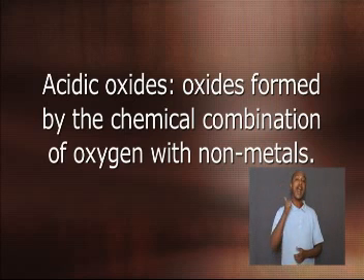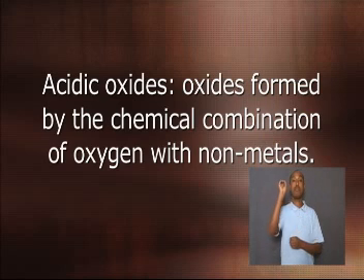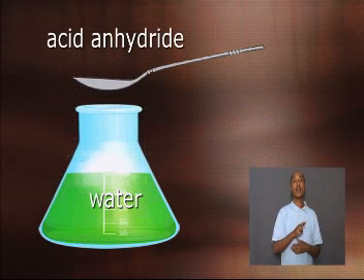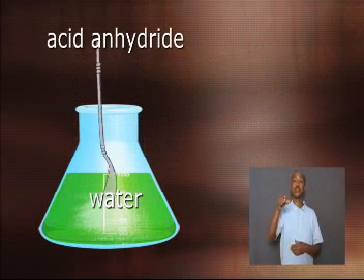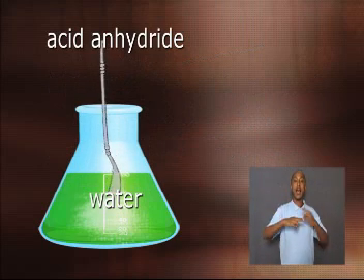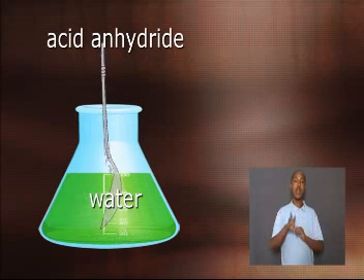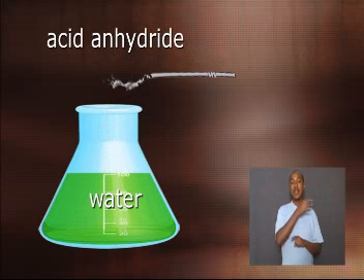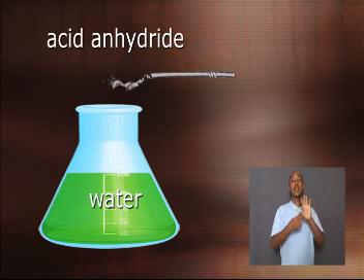Another name for this type of oxide is acid anhydrides. They are called this because they form acidic solutions when they react with or dissolve in water. The term acid anhydride means acid without water.